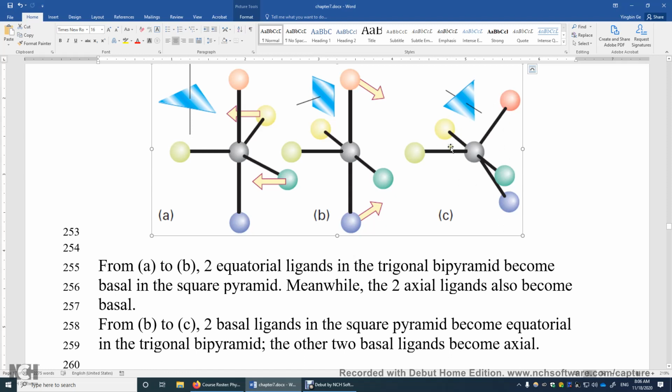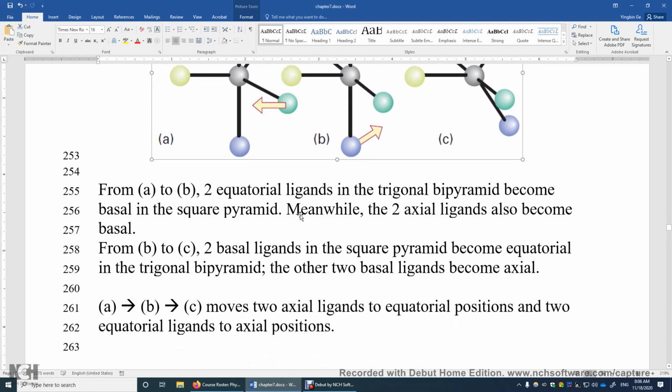Again, this structure is different from this structure. Over here, the orange and the blue are on the axial positions. Over here, green and yellow are on the axial positions. So if you do these two steps from A to B and then B to C, overall the two axial ligands will become equatorial and two equatorial ligands will become axial.